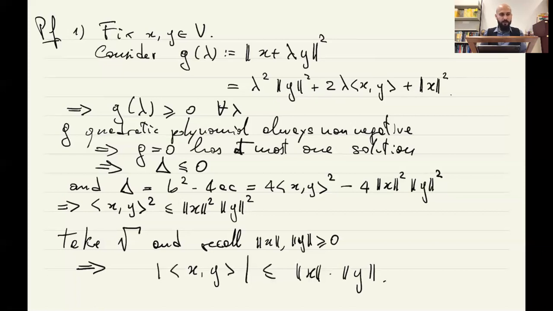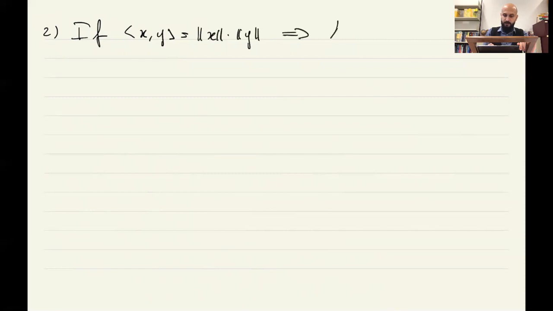Now what happens if we have equality? Equality means that this discriminant is equal to 0. Now either the function is constant or it admits one solution. So second part, if now the scalar product of x and y is equal to norm of x times norm of y, this implies that the discriminant is equal to 0.